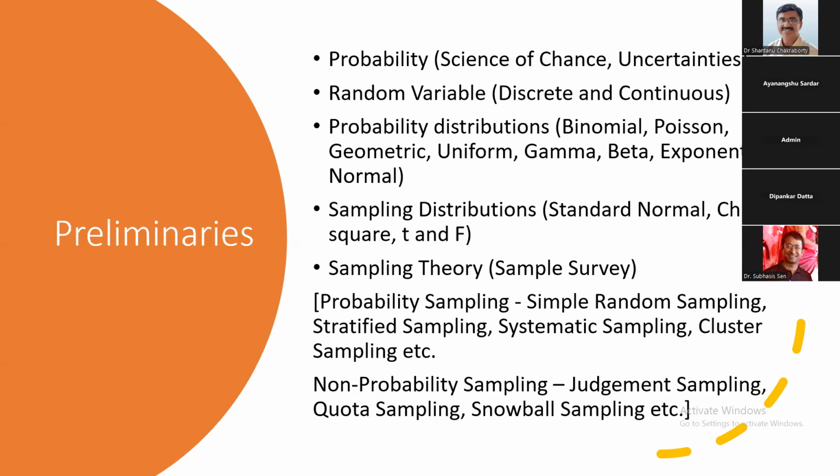Some distributions are discrete and some are continuous. Then we can discuss the three main sampling distributions: chi-square, T and F distribution. There are so many sampling theories, but I am not going to discuss them. So these are basically the preliminaries before starting some machine learning concepts.